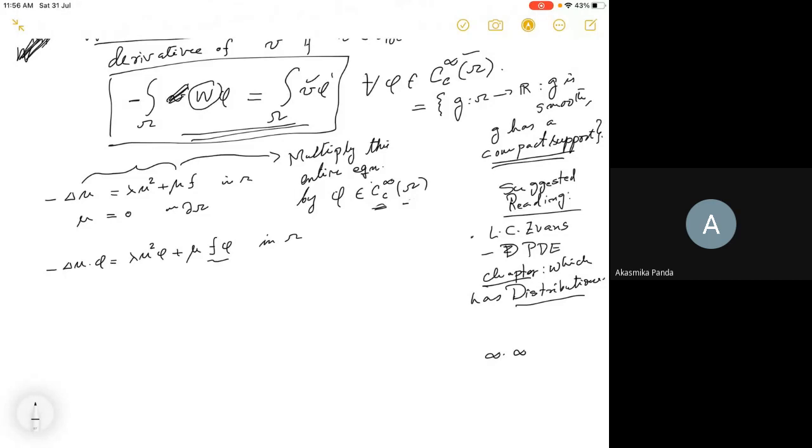So multiplication of two generalized functions is not permissible. So I'll first multiply with C_c infinity.